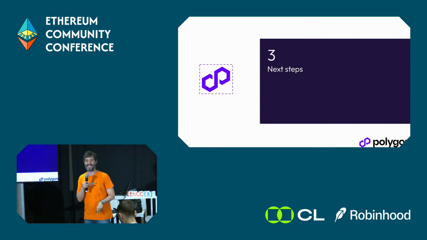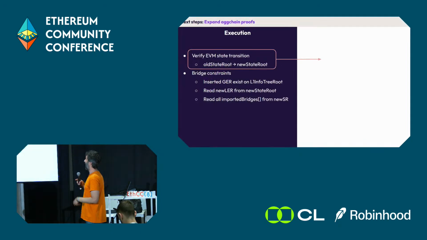OK, let's see the next steps. As I mentioned before, this is the ActChain program. Imagine that a chain does not want to verify its EVM state transition using the OP-succinct stack, but instead wants to verify with a totally different consensus.